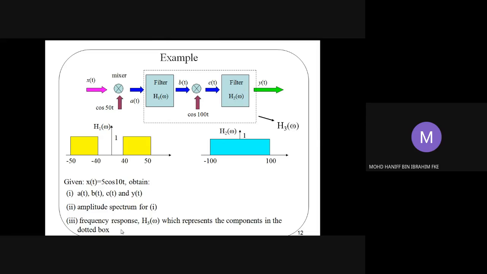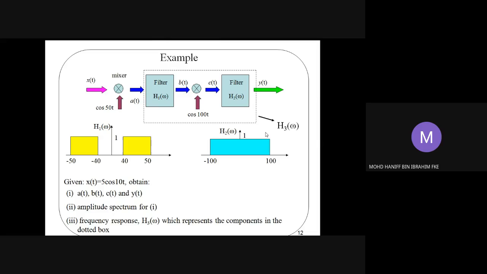Number three is we need to obtain the frequency response of H3 omega, which represents the components in the dotted box. H3 omega is a combination of these filter responses, H1 omega and H2 omega, with the components of the signals inside here.